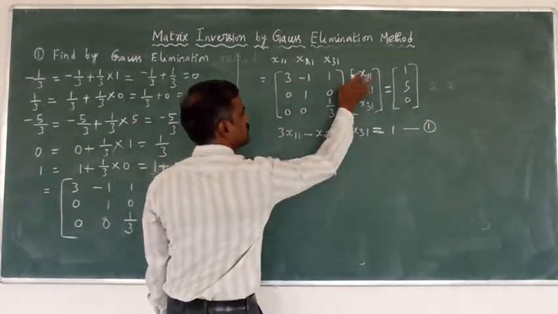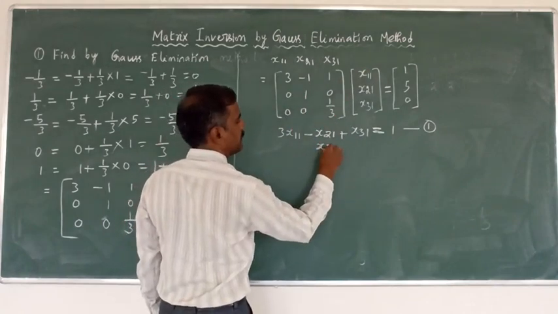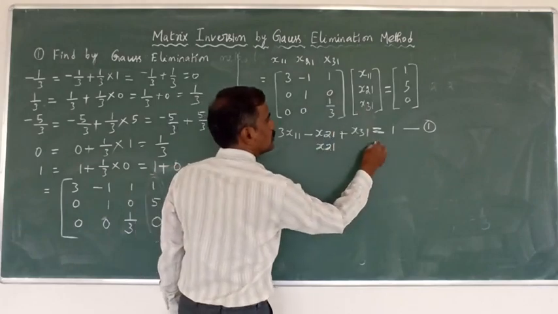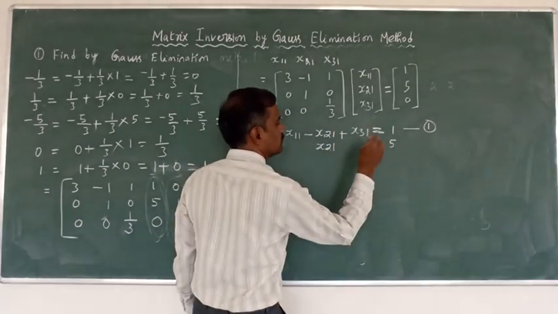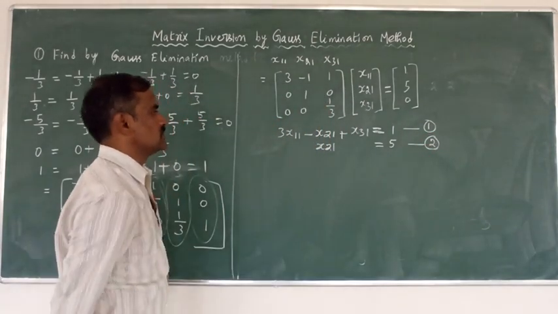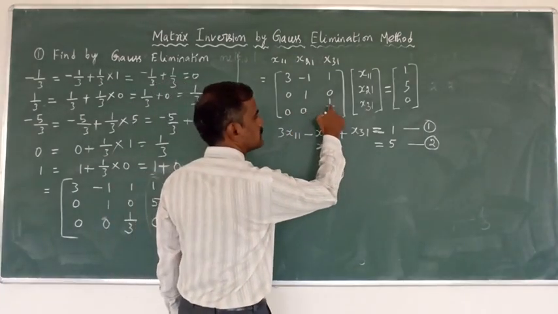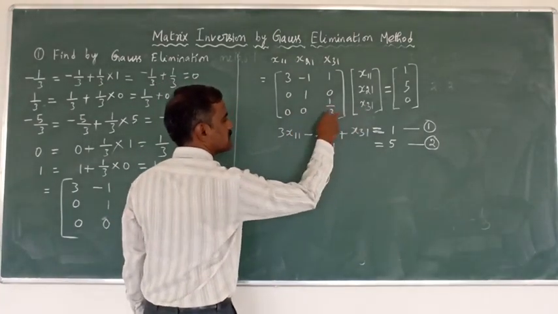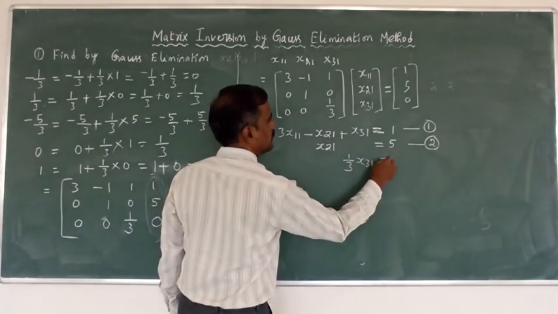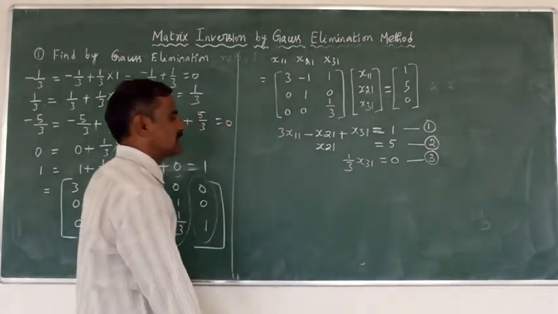Next, this is for 0 and this is for x21, and this is also 0. No need to substitute. This is for 5, equation number 2. Next, these two values are 0, and this we can multiply with this one: 1 divided by 3 x31 equal to 0. This is for equation number 3.